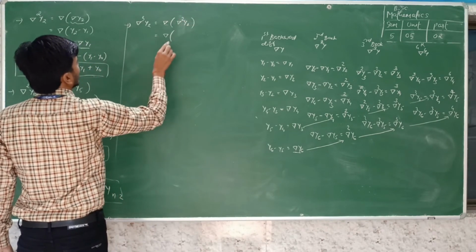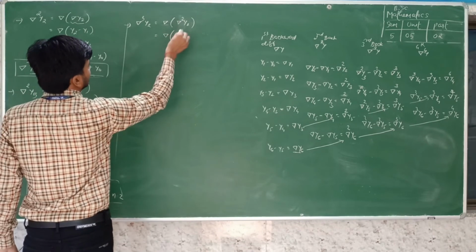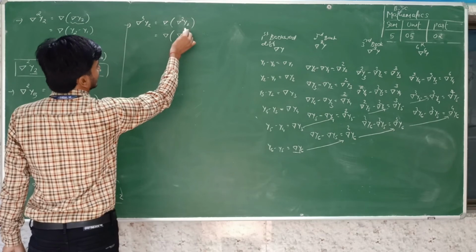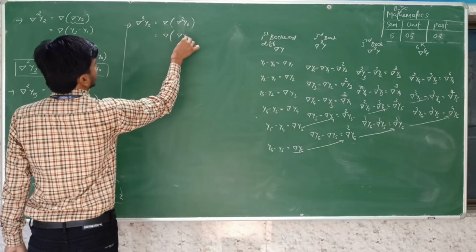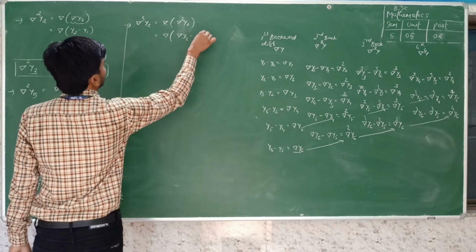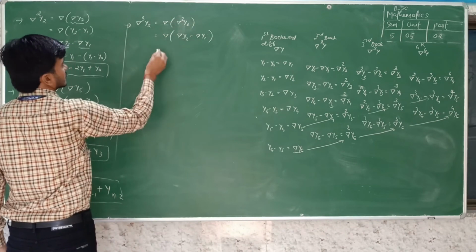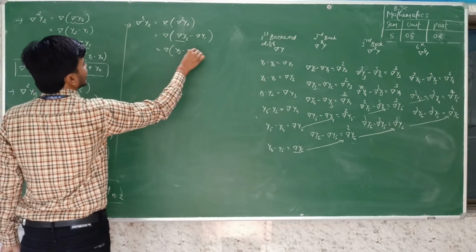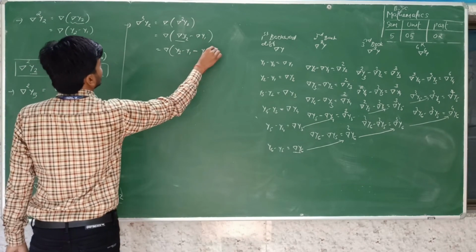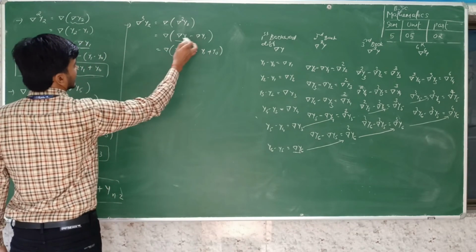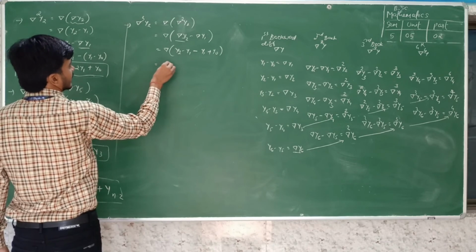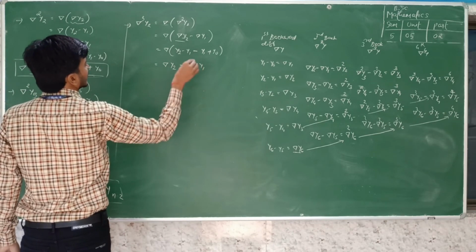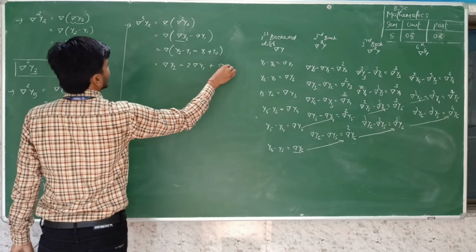So nabla of nabla square y2, that means nabla y2 minus nabla y1, the second backward difference of y2. Here nabla y2 means y2 minus y1. Here minus y1 plus y0. You can expand in terms of the y0 entry. So nabla y2 minus 2 nabla y1 plus nabla y0.